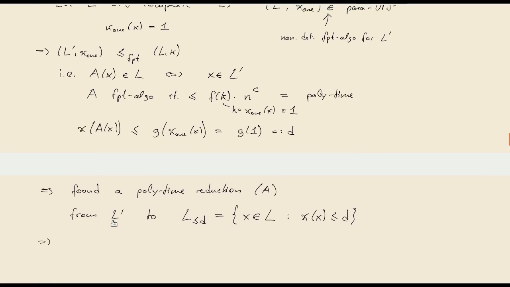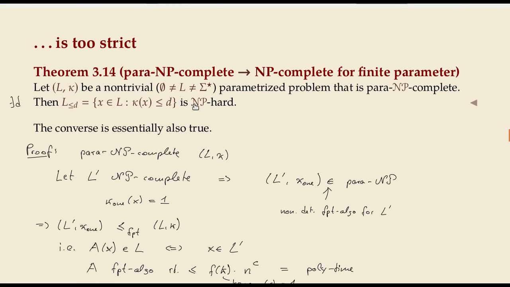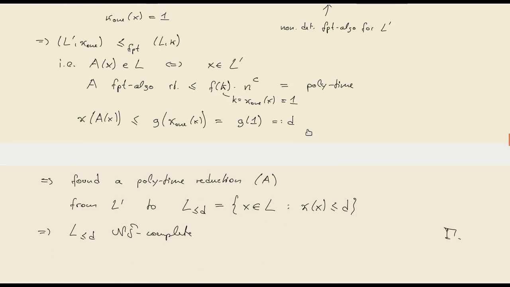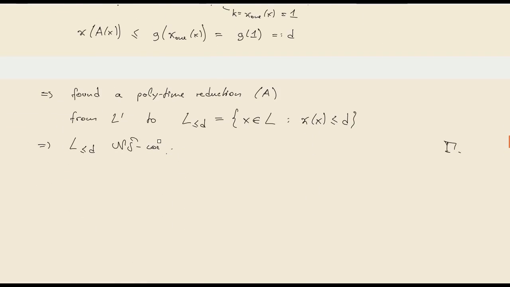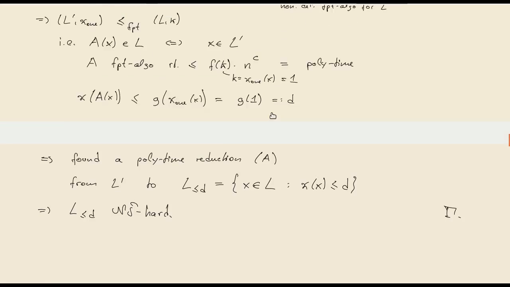So we reduced an NP-complete problem to this new problem. That means this is NP-complete. And that's what we claimed here. This is NP-hard. Okay, NP-complete, I haven't talked about being in NP, so we should keep that correct.